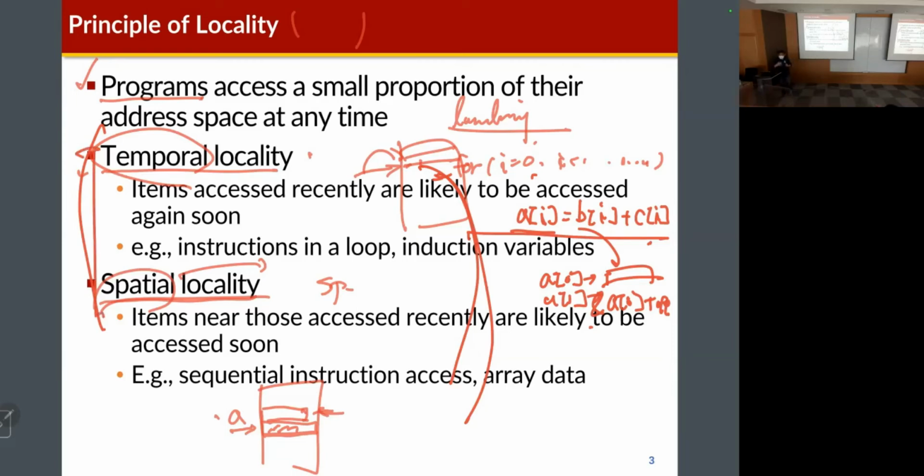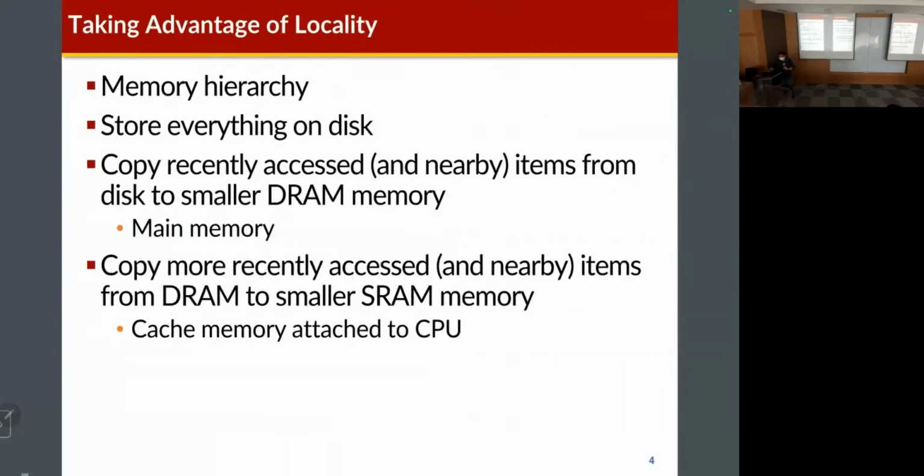This locality is the observed characteristic in our applications. And based on these observed characteristics of our normal applications, researchers design memory systems, which is the memory hierarchy. Actually, locality is frequently found in our real life. So I will explain later about some locality in the memory hierarchy and in our real life.